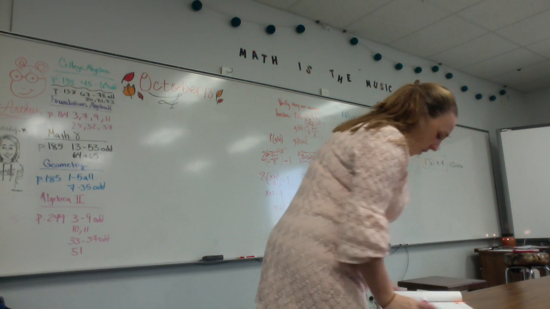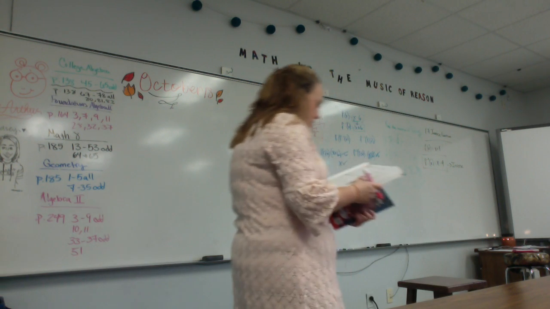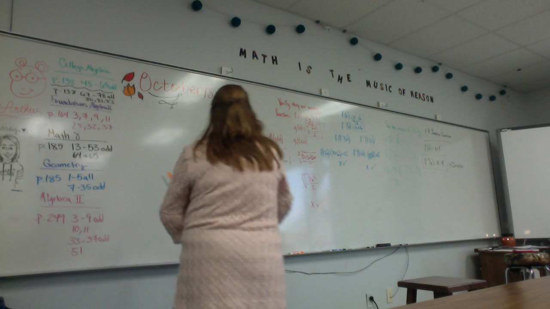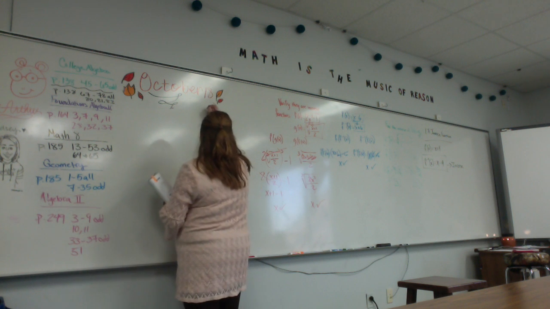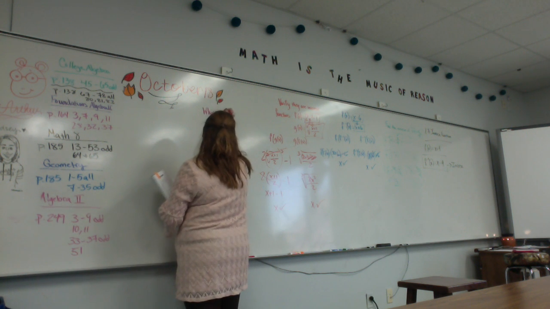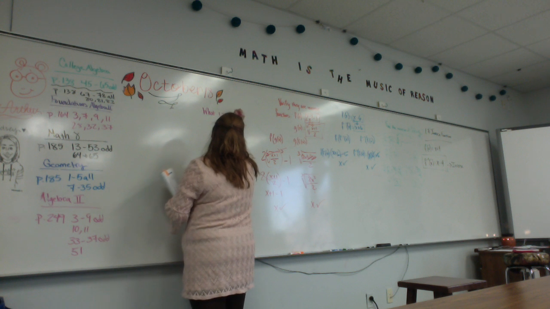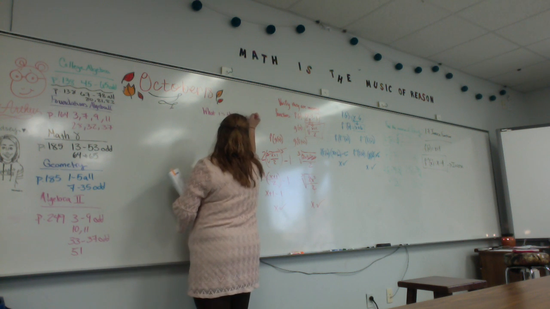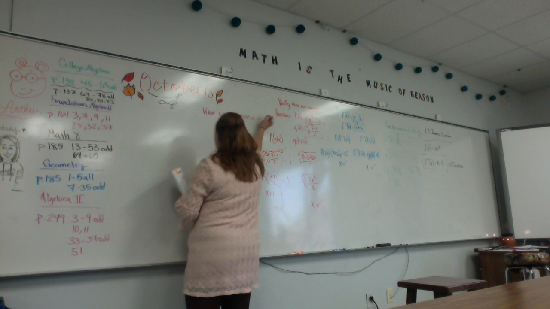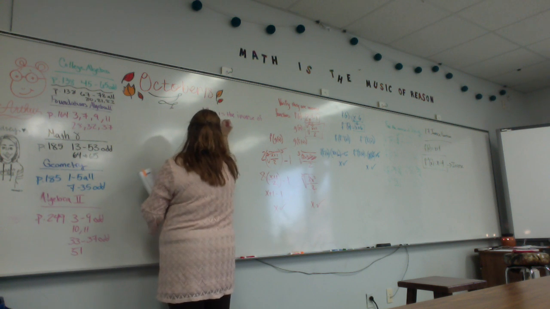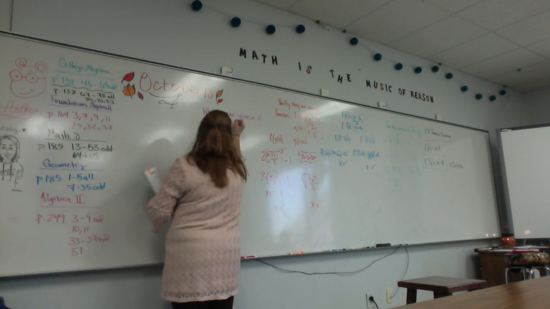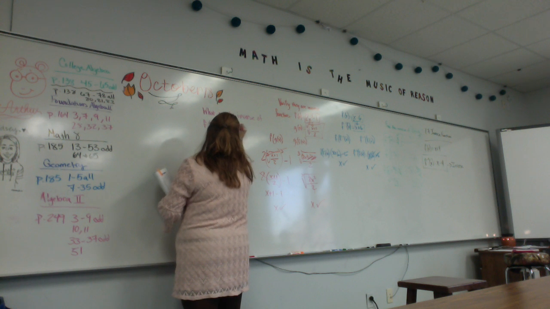Here's another scenario. Which of the functions is the inverse function of this? Let's say it says, what is the inverse of f of x equals 5 over x minus 2?